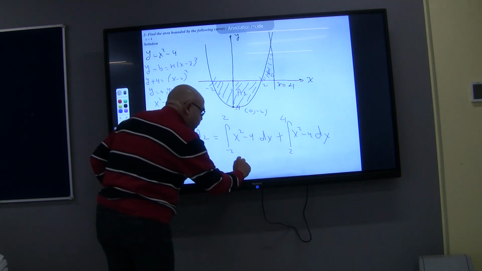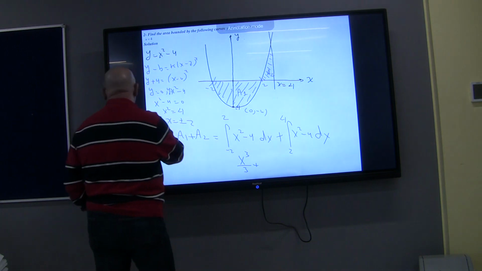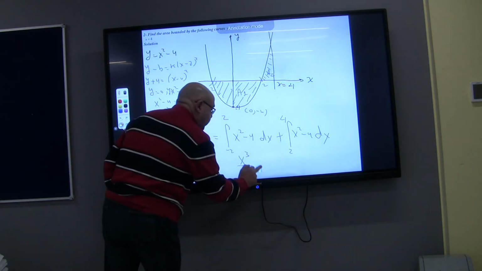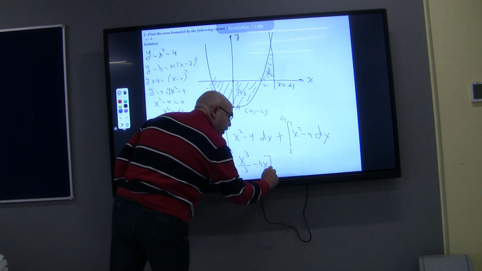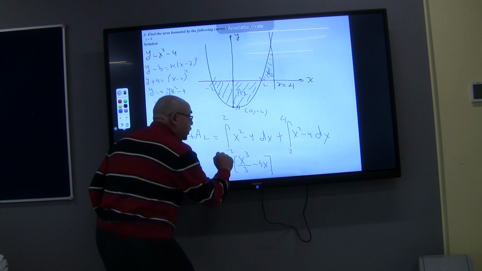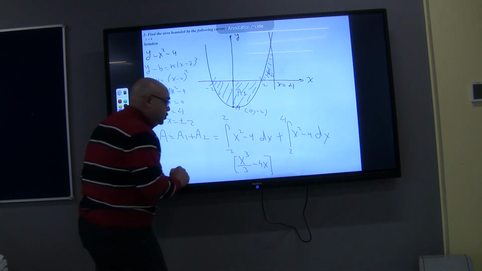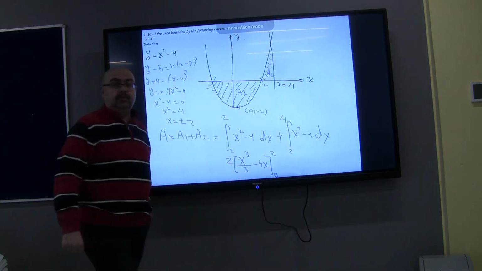Start integrating, this will give you x to the power 3 over 3, just a second please. Of course this part will be minus 4x. I can take advantage of the definite integral properties. Since it's an even function, I will simply multiply by 2 and use limits from 0 to 2.